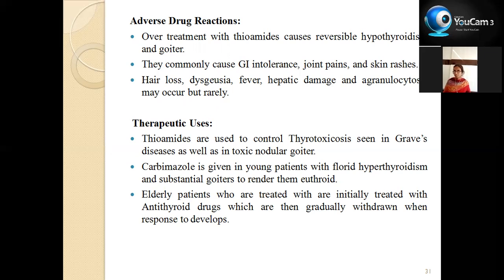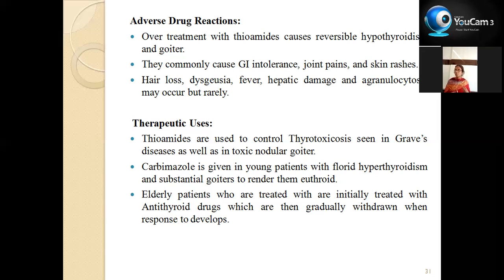Uses: it is used to control thyroid toxicosis seen in Graves' disease, and it is also used in the treatment of hyperthyroidism. Carbimazole is given to patients with florid hyperthyroidism and thyroid storm, and to those treated with antithyroid drugs, which are then gradually withdrawn.